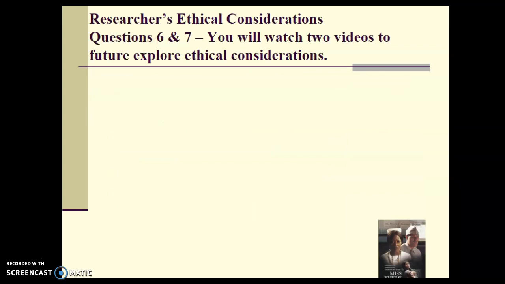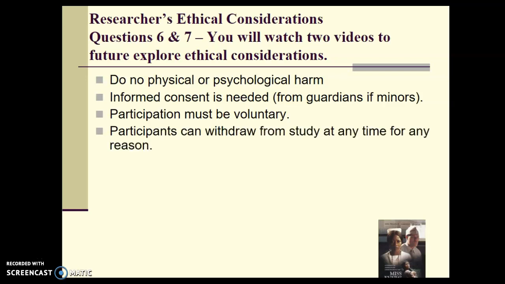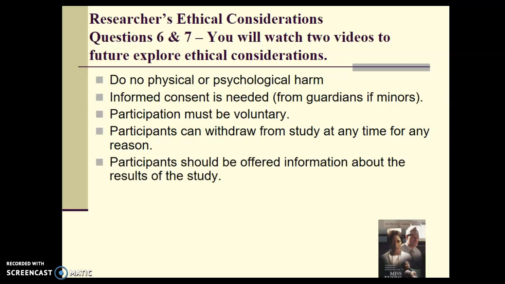In your assignment, questions 6 and 7, you're going to watch some videos on ethical considerations. But when we think about testing with children, we cannot test children or practice theories on them in a way that we can with adults because they're not able to consent. So the biggest thing is do no physical or psychological harm. Informed consent is needed from guardians if they are minors.